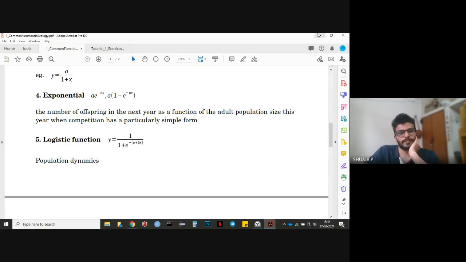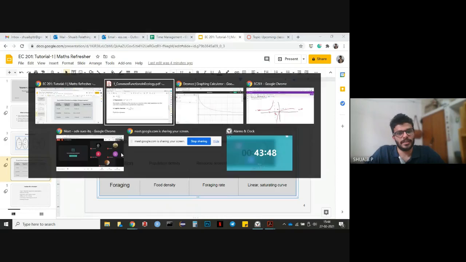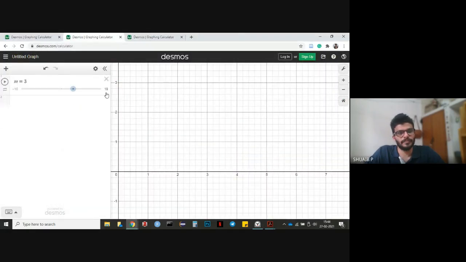Yeah. So I think we can look into an exponentially growing population. An exponentially growing population would mean the independent variable will be time.